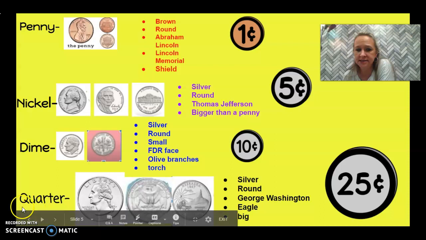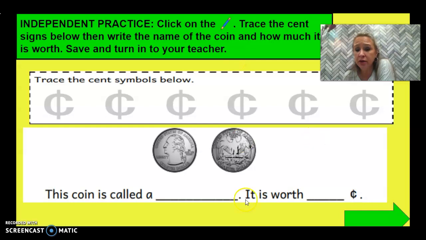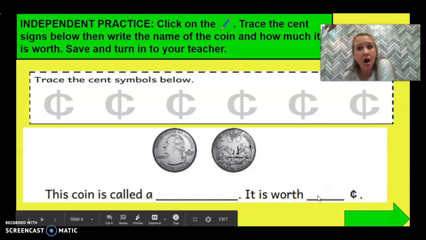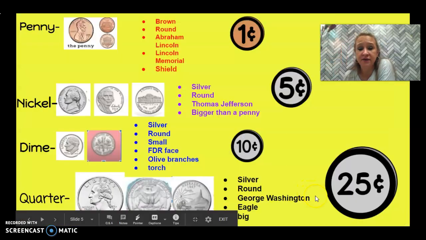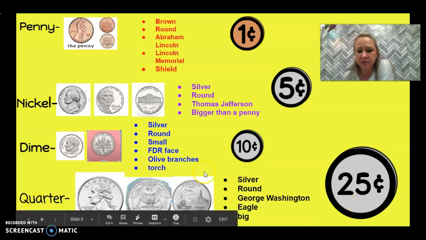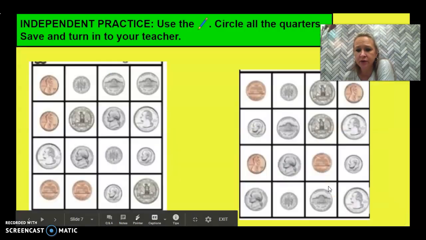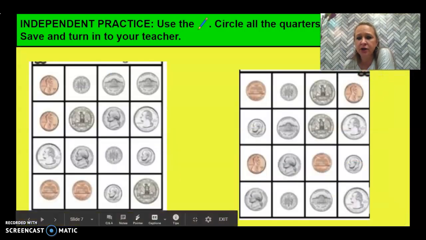There it is. Quarter. How much is a quarter worth? It is worth 25 cents. If you don't remember, where can you look? Our anchor chart. So it tells you how to spell it, tells you what it's worth. You're going to fill in the blank in our sentence stem with the name of the coin and how much it's worth. Then on this page, what do you think you're going to do on this page?